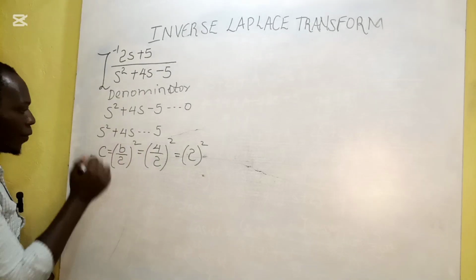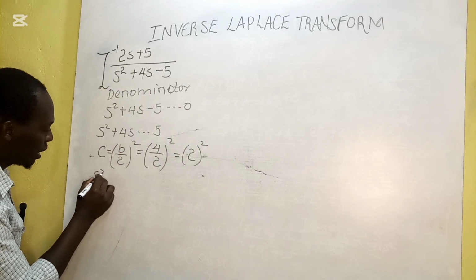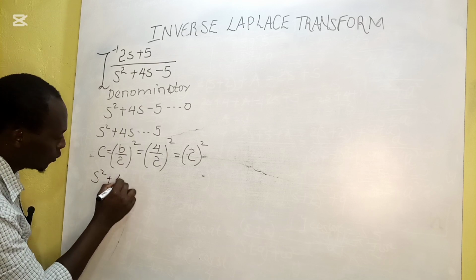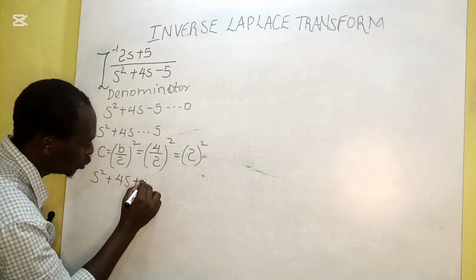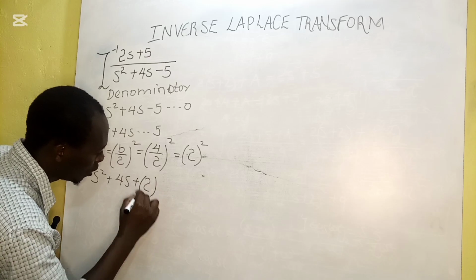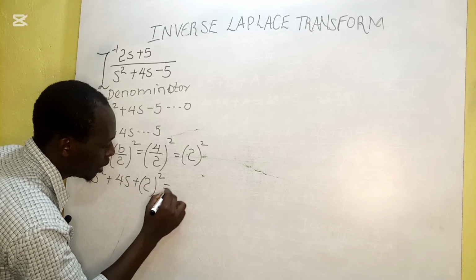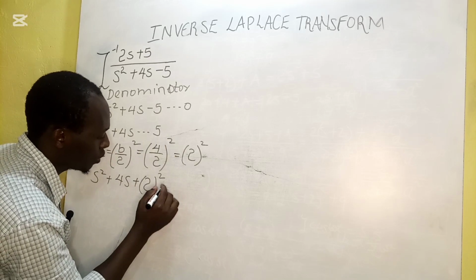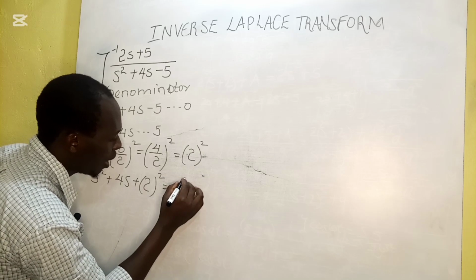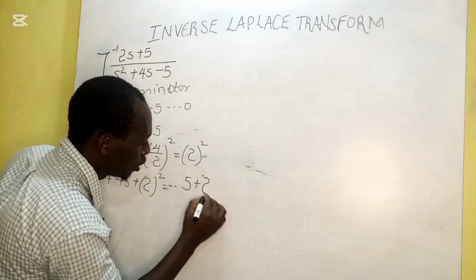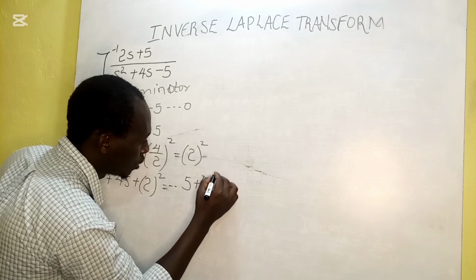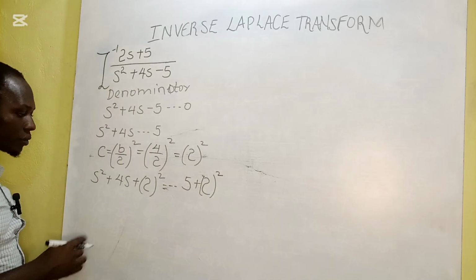We are going to introduce our term c on our left hand side and on the right hand side, whereby now we are going to have s squared plus 4s plus 2 squared is equal to 5 plus 2 squared.